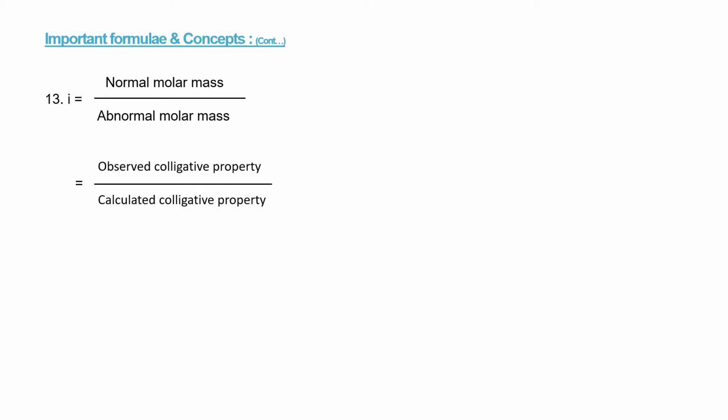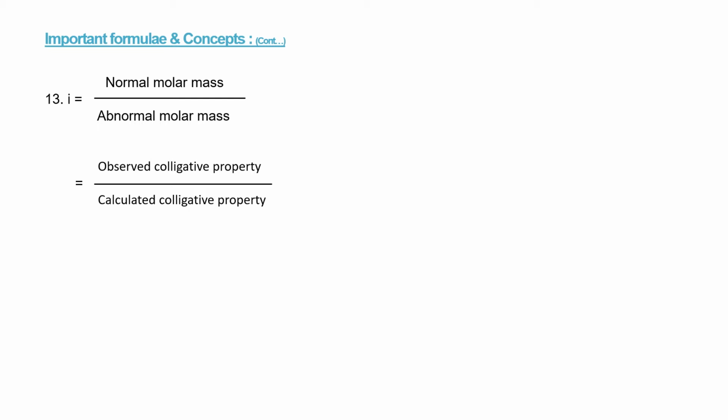Now we start with the next, that is our Van't Hoff factor. Now Van't Hoff factor is nothing but normal molar mass upon abnormal molar mass, or your Van't Hoff factor is observed colligative property divided by calculated colligative property. As you studied, the colligative properties are relative lowering of vapor pressure, elevation in boiling point, depression in freezing point, and osmotic pressure.